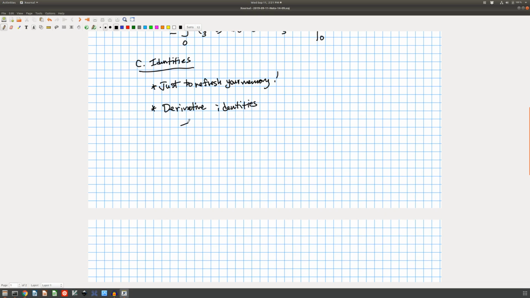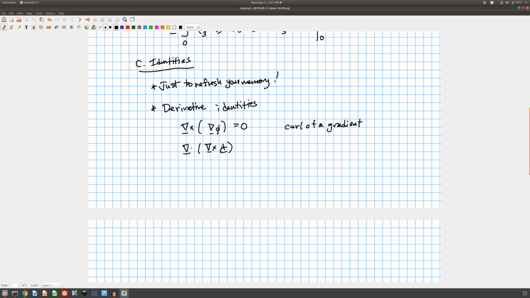So the first one is if I take the curl of a gradient of a function, that's 0. So curl of a gradient is 0. I can also take the divergence of a curl, and that is also 0.